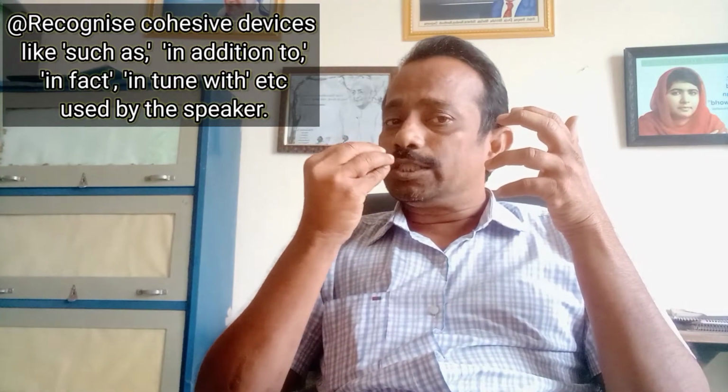Next, when the speaker is speaking and you concentrate on the speech, you need to recognize cohesive, meaning related, devices such as, in addition to, in fact, in tune, etc. These words are used by the speaker, so it is necessary to identify these types of words so that you can understand what the speaker is saying to you.